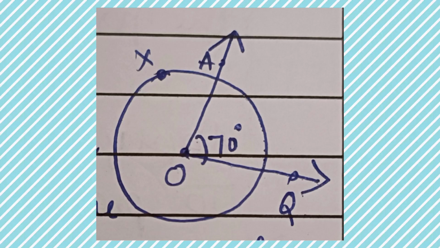Now see this figure. Name the major arc that is formed in this figure. Major arc is arc AXQ and the minor arc is arc AYQ. What is the measure of the minor arc here? Its measure is 70 degree. With reference to the measure of a complete circle and the minor arc, calculate the measure of the major arc.